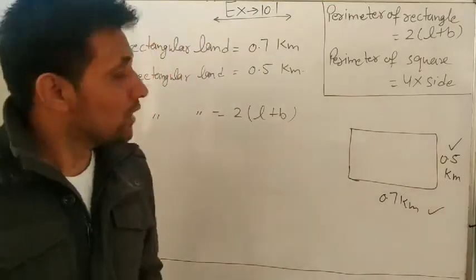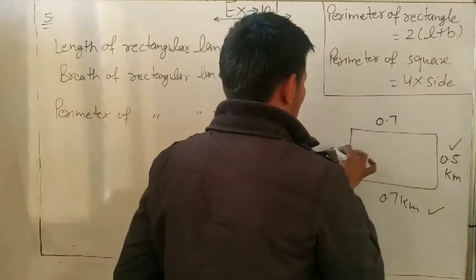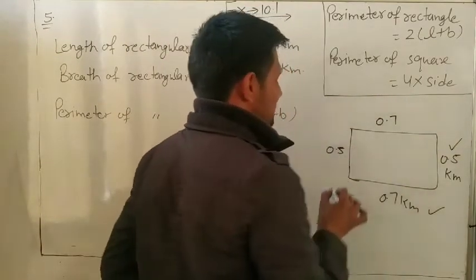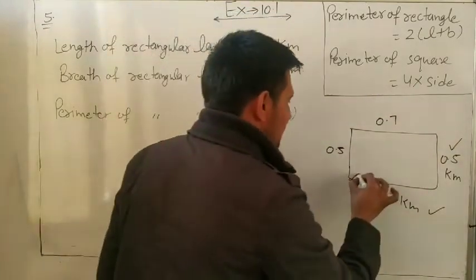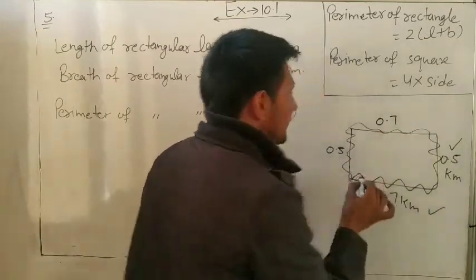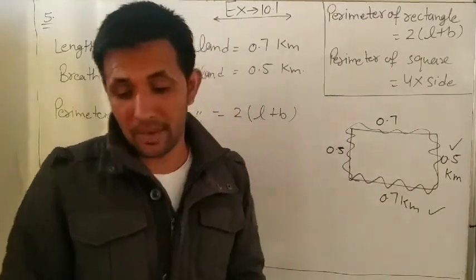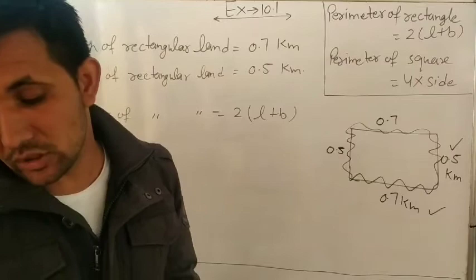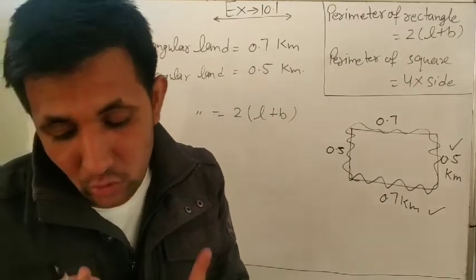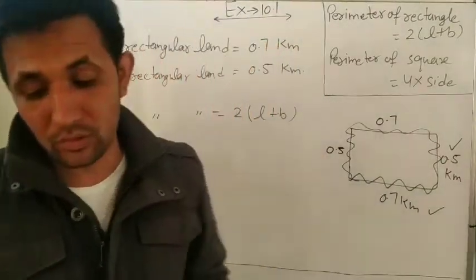Suppose it is a rectangular land and we want to fence it. If you fence like this, what we are using is the perimeter. But in the question, each side is to be fenced how many times? 4 times, 4 rows.